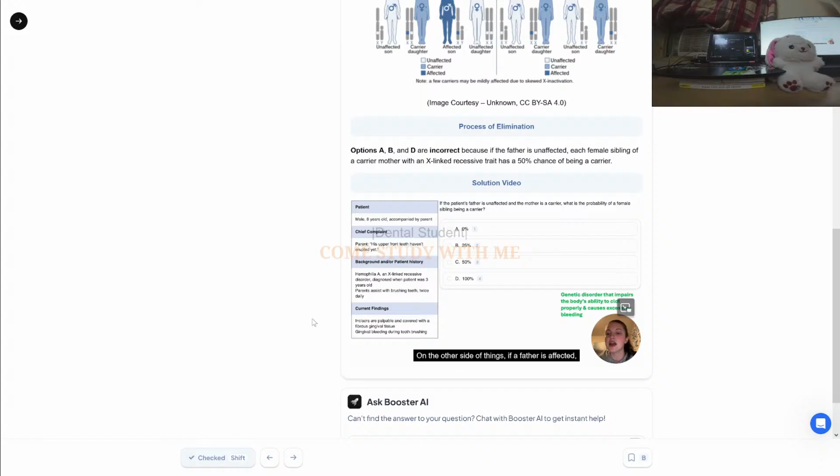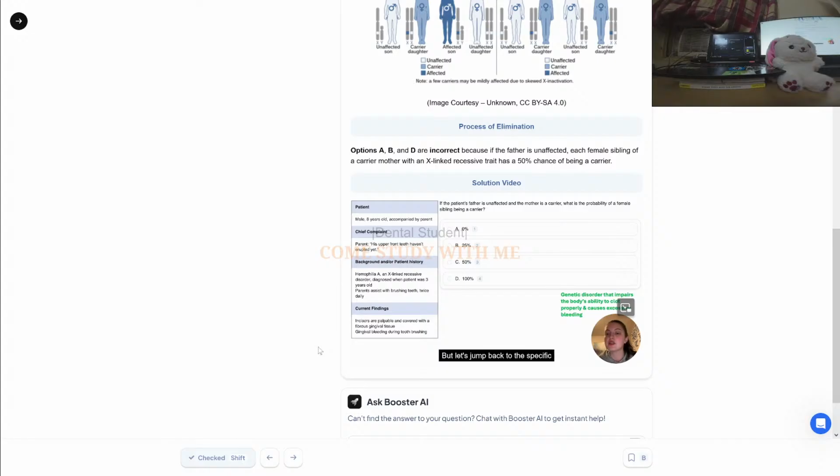On the other side of things, if a father is affected, then all of his daughters will at least be carriers for an X-linked recessive condition because they will always be receiving that 1 mutated allele from him.